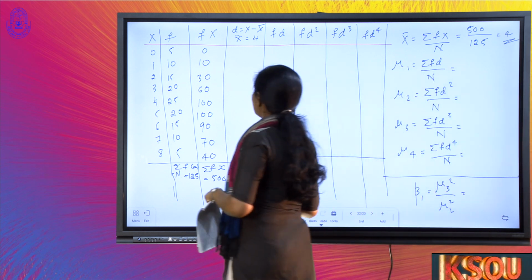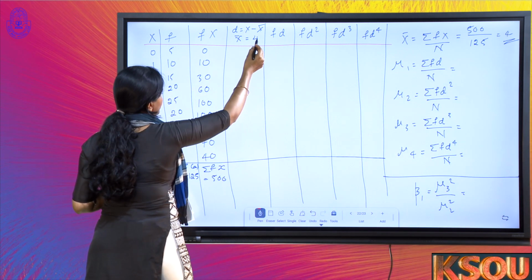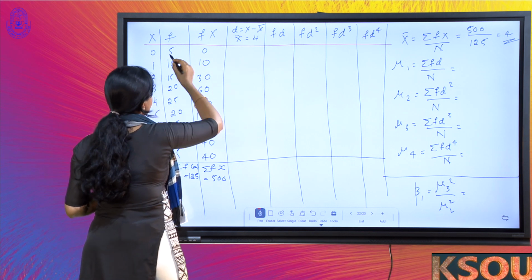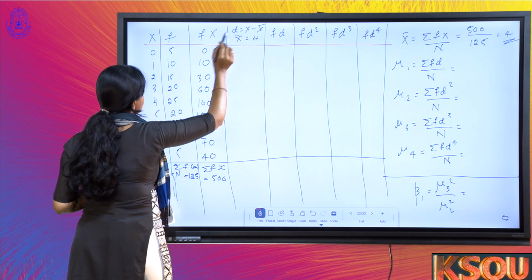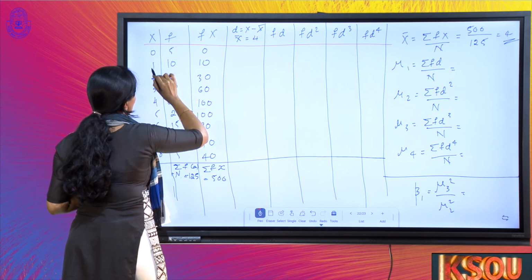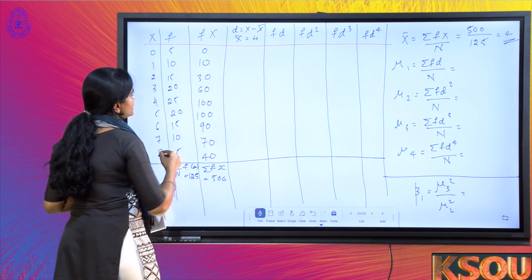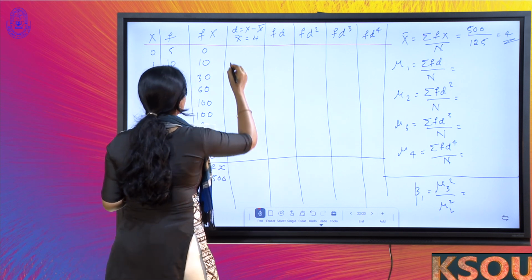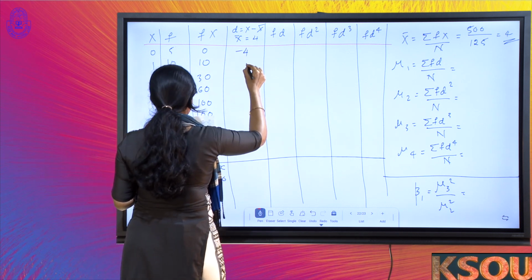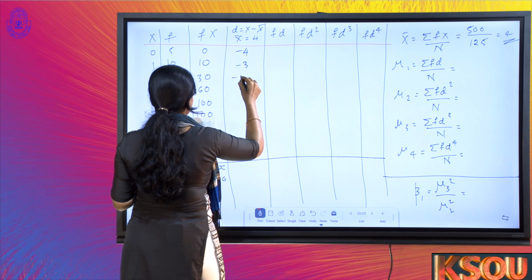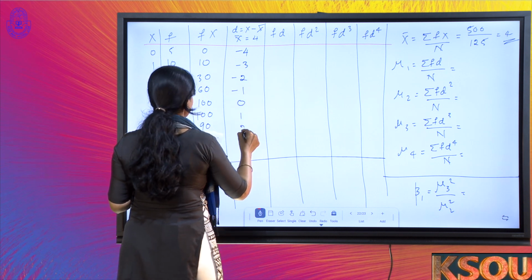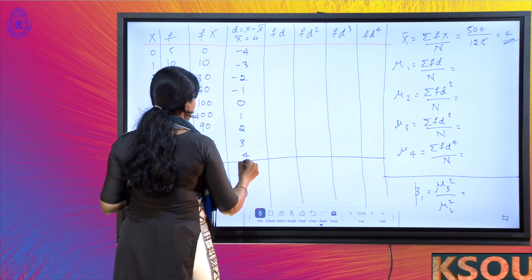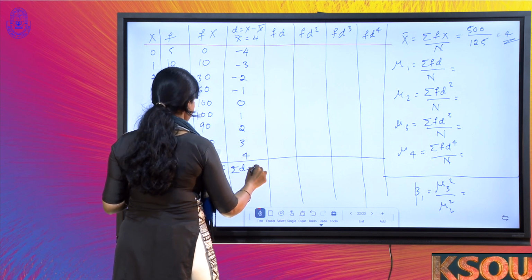Okay. So, take x bar is equal to 4 here. Take x bar as constant and you will have to calculate d here, that is x minus x bar. Take 0 minus 4, 1 minus 4, 2 minus 4, like that you will have to calculate here. So, you will get the values minus 4, minus 3, minus 2, minus 1, 0, 1, 2, 3, 4. So, summation D is 0.